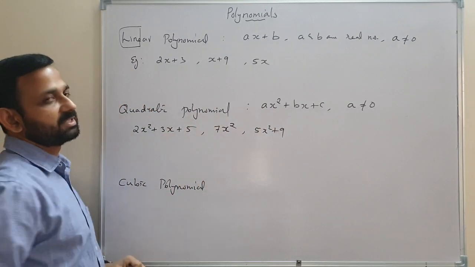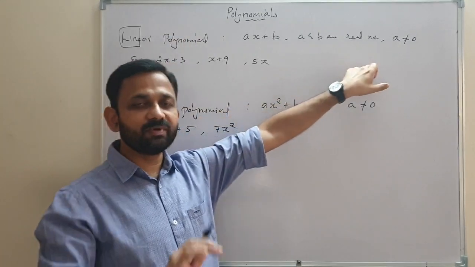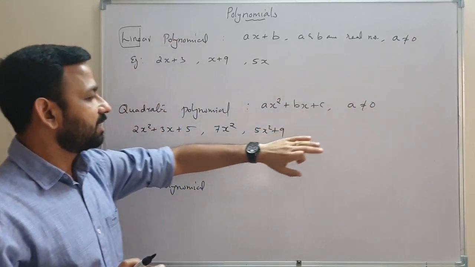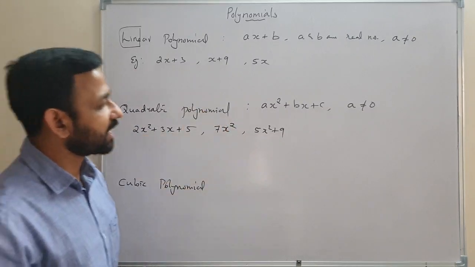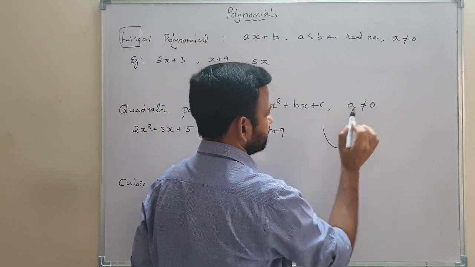These are the examples. And here the graph of the linear polynomial is always a straight line. But when we draw the graph of a quadratic polynomial, we may get a parabola shape.